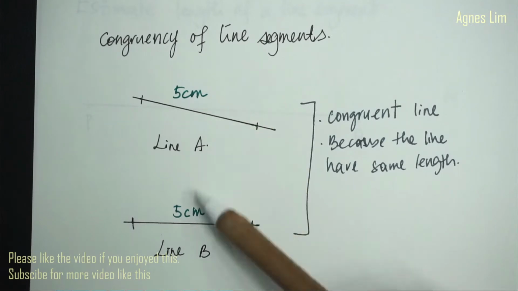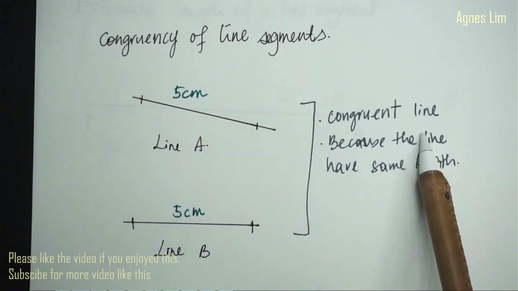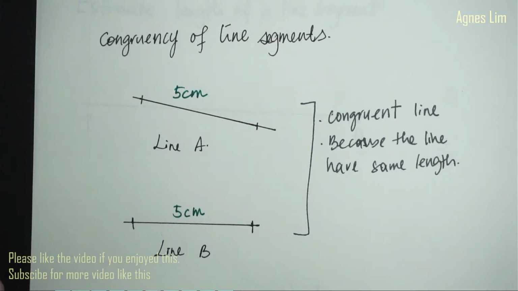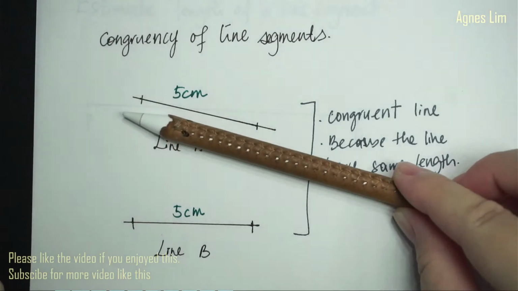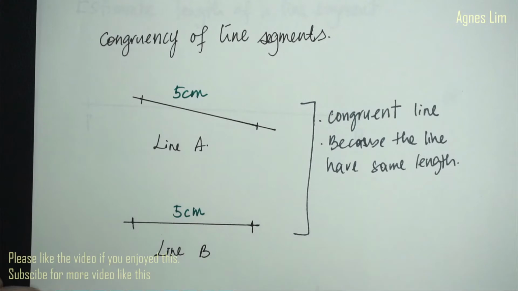So when the length of the line is the same, it is a congruent line. But it is not the same line because the direction of line A and the direction of line B are not the same. So it's a congruent line.